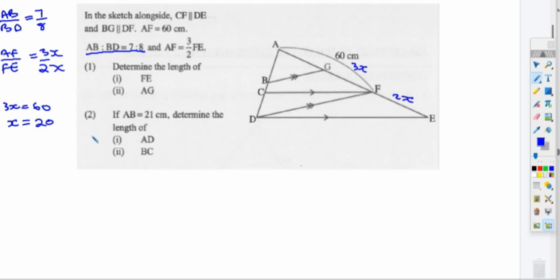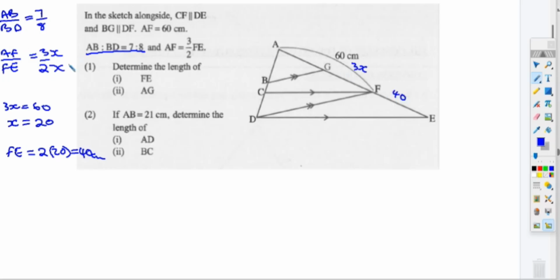Now our FE should be equal to 2 times 20. So FE is equal to 2 multiplied by the value of x there, that is 20, that is equal to 40 centimeters. So let me get rid of this 2x to make my life easier. I'm writing it there. So this is 40.